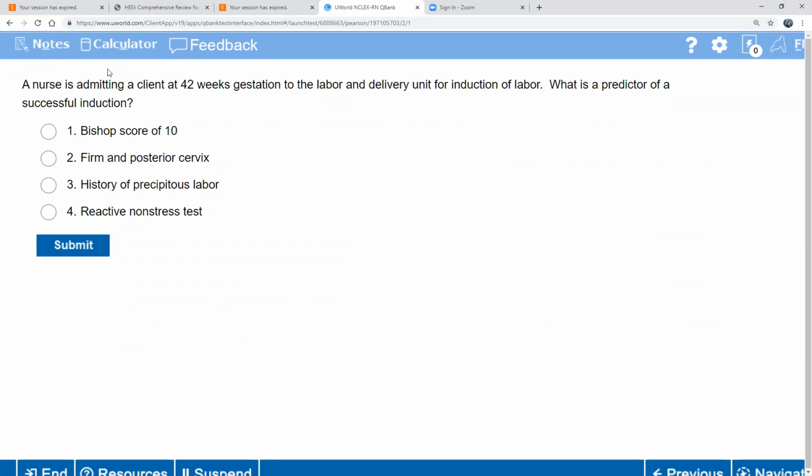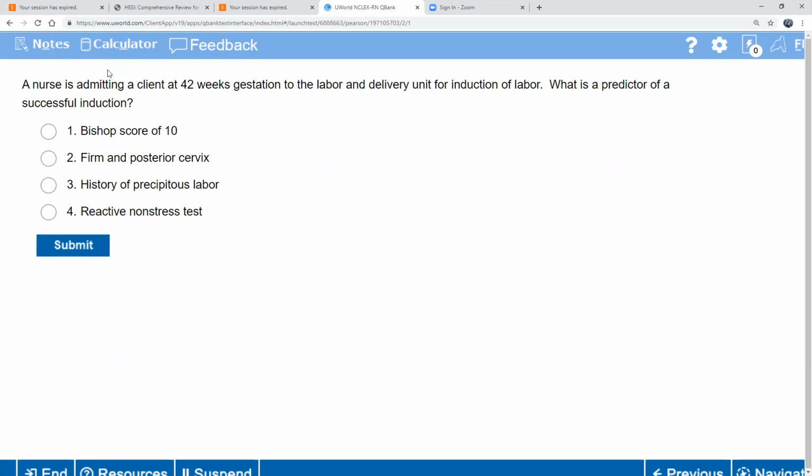Okay, a nurse is admitting a client at 42 weeks gestation to the labor and delivery unit for induction of labor. What is a predictor of successful induction? Hmm. 10.